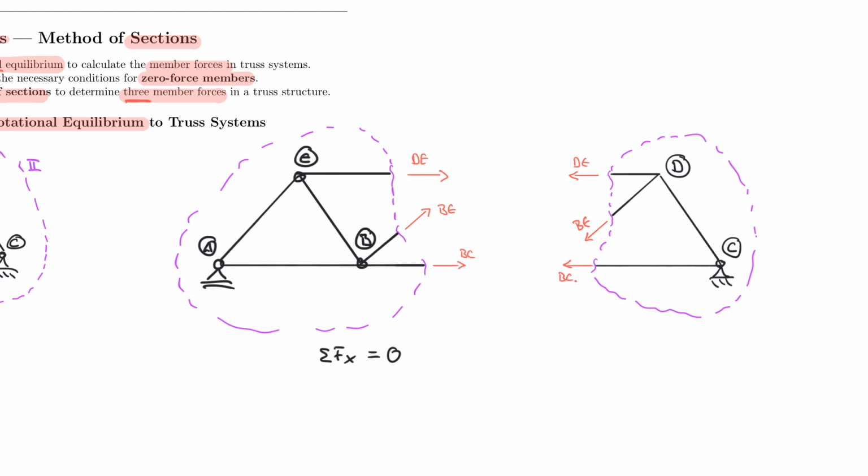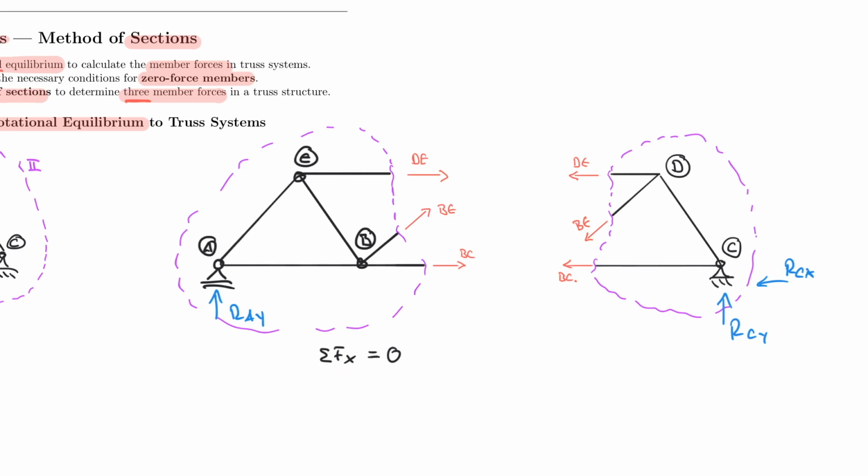But before I do that, let me introduce the support reactions as well. So RAY, and here we of course have RCY and RCX. How to calculate those is not part of this lecture, but now I have all my external and internal forces, and I'm just going to go back to this equation here.